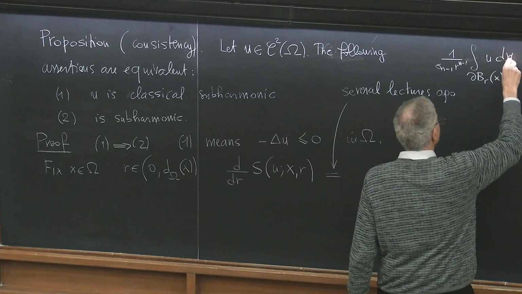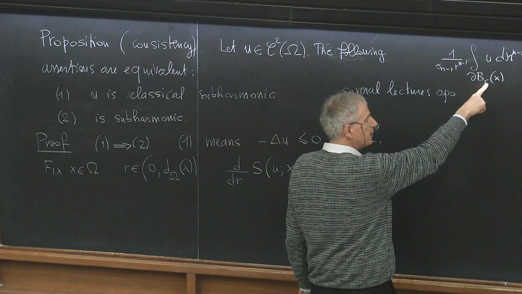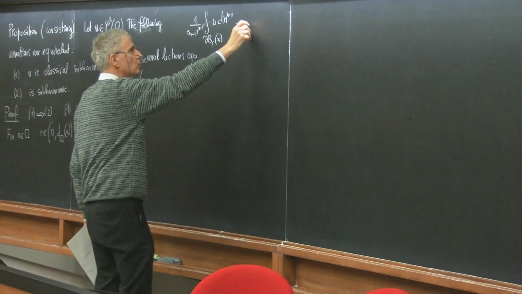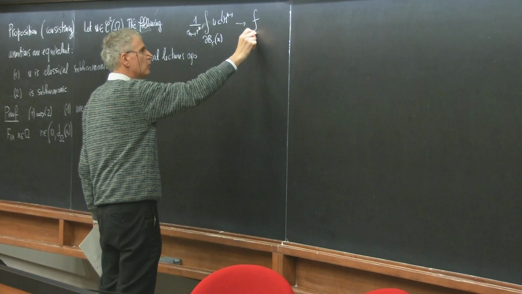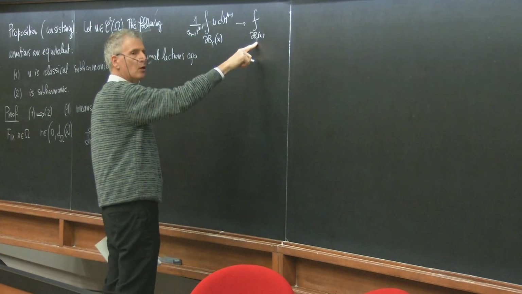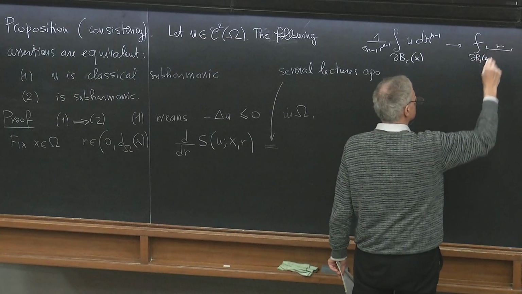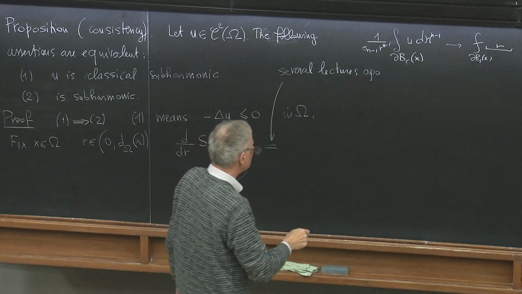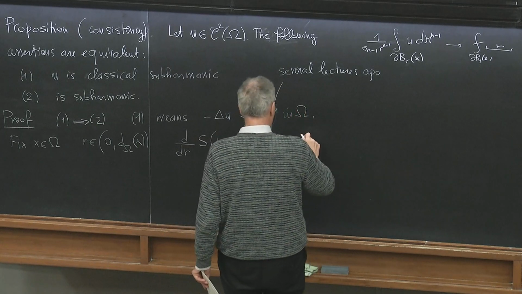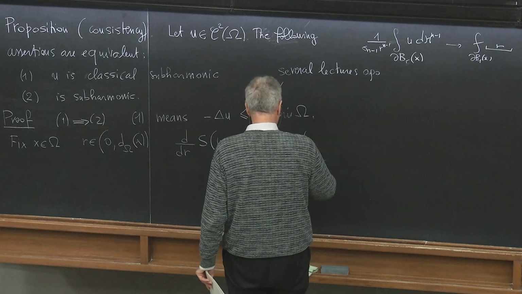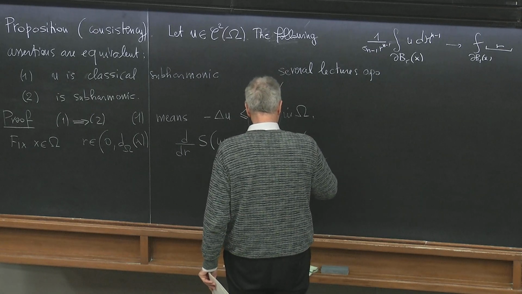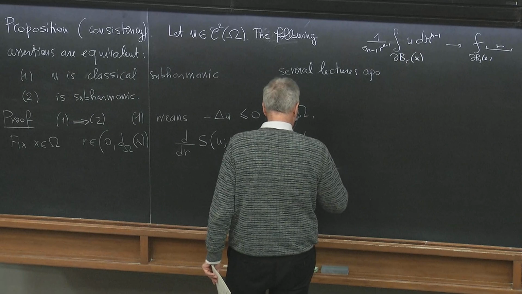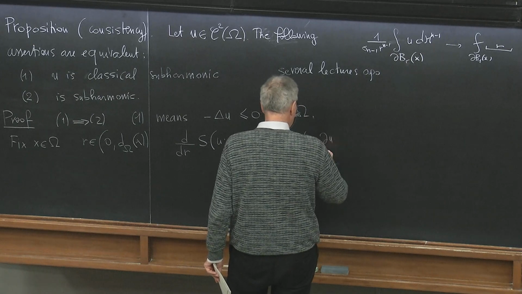So the problem was that there was this dependence on r here, and so the idea was just to make a change of variable, transform this into the mean value over the ball of radius 1, and then here there is no more r, then we can differentiate, and then we can go back with the same change of variable. At the end, the computation was that this was equal to 1 over r^(n-1), the integral over the boundary of B_r of the normal derivative, no?